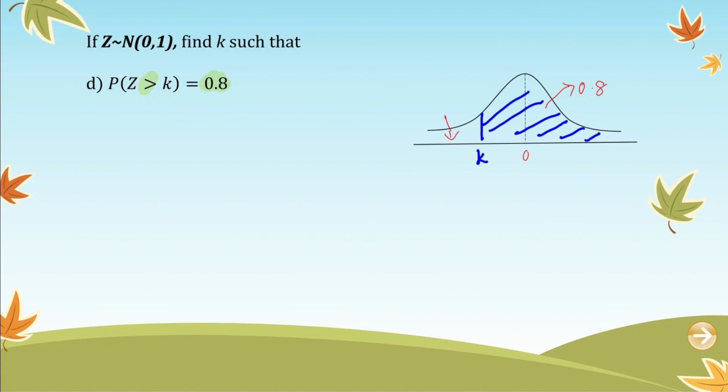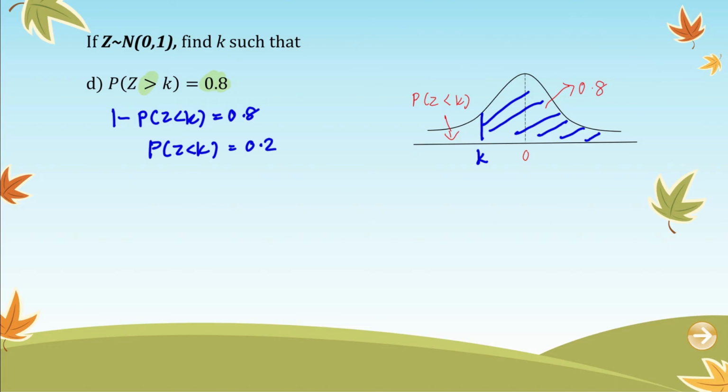So we can get the value by using 1 minus Pz less than K equals to 0.8. So we want to minus this area, Pz less than K.